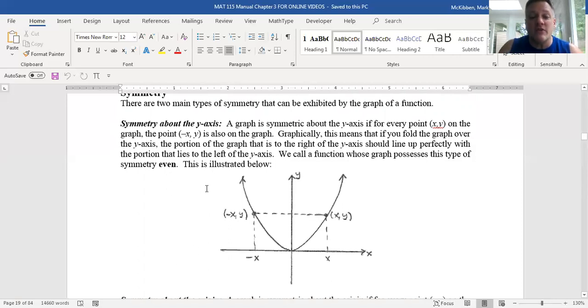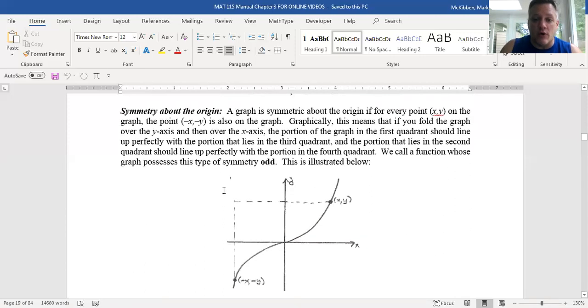All right, now you could have other type of symmetry called symmetry about the origin, and we call this odd, all right? And so what it means is that if you take any point on the graph to the right of the y-axis, let's say here, if you were to fold that along over the y-axis and then over the x, you get that point. All right, and so what does that mean?